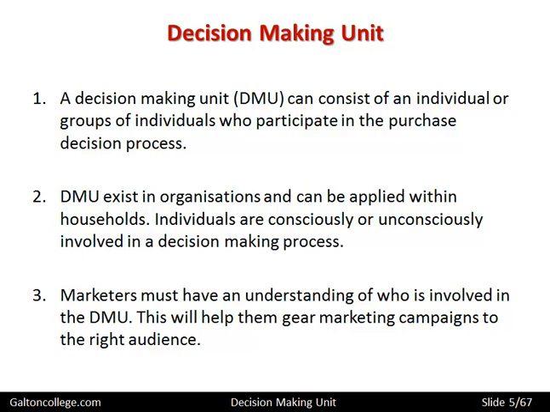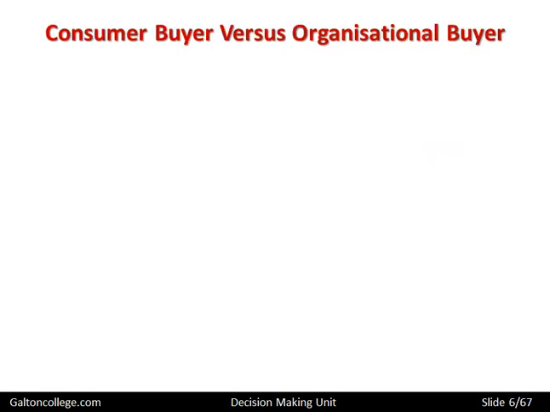So they're not randomly targeting individuals, they are targeting the decision-making unit. Who are the people who are going to make the decisions to purchase or not to purchase? There's no point in targeting the people who are not going to make the decision. Target the people who are going to make the decision.